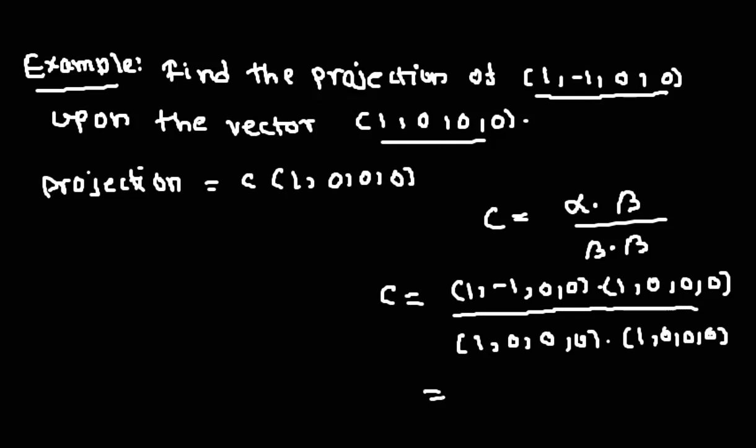So the first component is multiplied with the first, the second with the second, the third with the third. In this way we get 1 by 1, so this is going to be 1. So the projection is 1 into 1, 0, 0, 0. So you can see that the projection of this vector upon the vector 1, 0, 0, 0 is the same vector 1, 0, 0, 0.